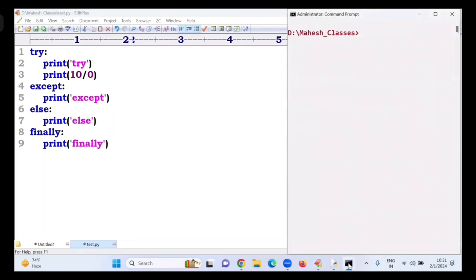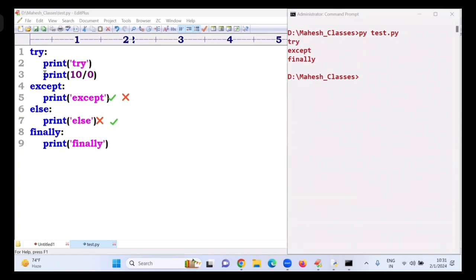Try, except, finally, because the except block is executed, so the else block is not executed. Simple reason: if except is executed, then automatically there is no chance for the else block. And if except is not executed, then compulsorily which block is executed? Else block. Here an exception is there, that's why else did not come.